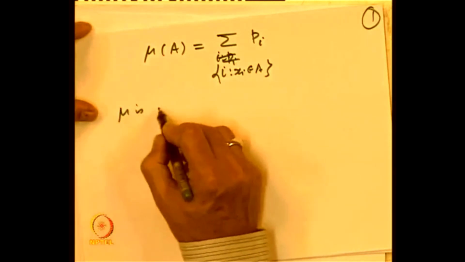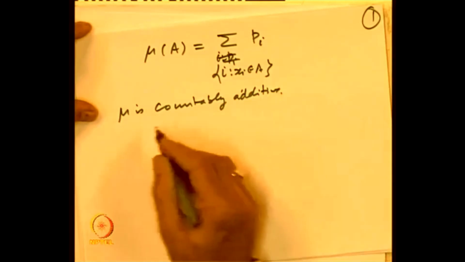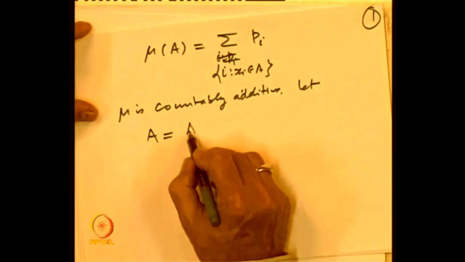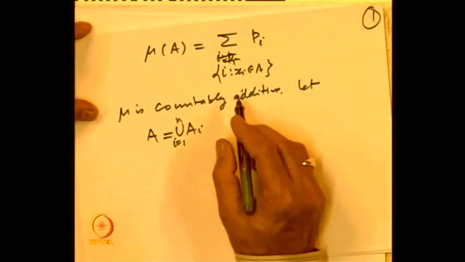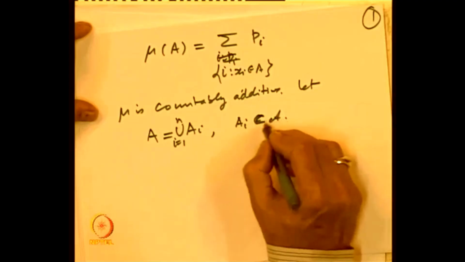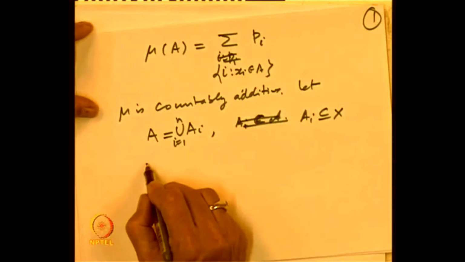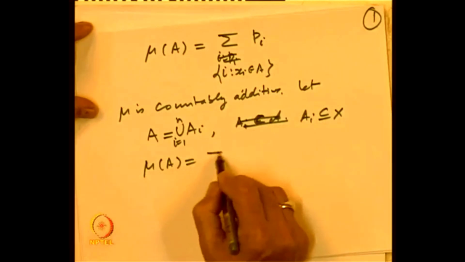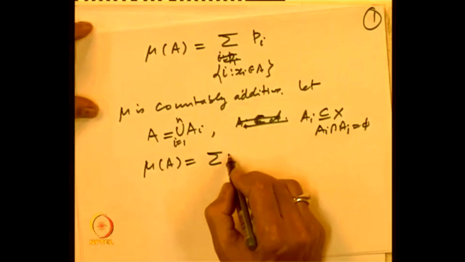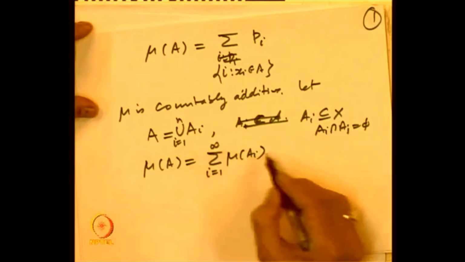So mu is countably additive. Let us take a set A which is the union of A_i, i equal to 1 to infinity, where each A_i is a subset of X. To check that mu of A is equal to the sum of mu of A_i, i equal to 1 to infinity, we want A_i intersection A_j to be empty.